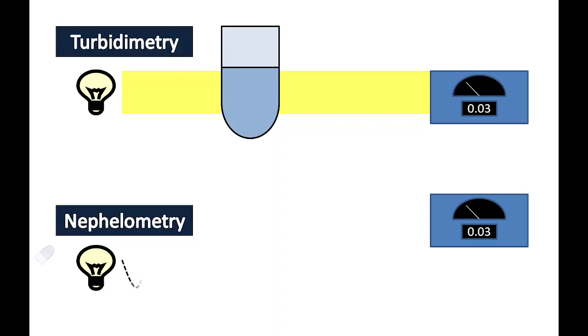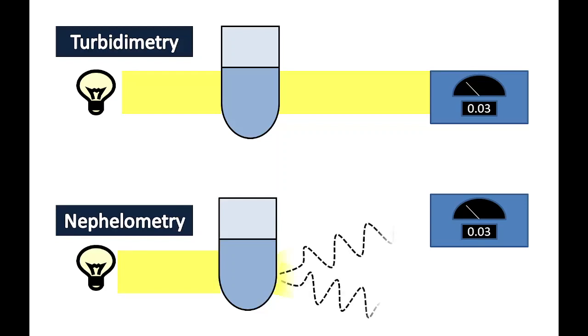Nephelometry measures the light scatter at angles ranging from 0 degrees to about 90 degrees. If a laser beam is used, light deflected only a few degrees from the original path can be measured.